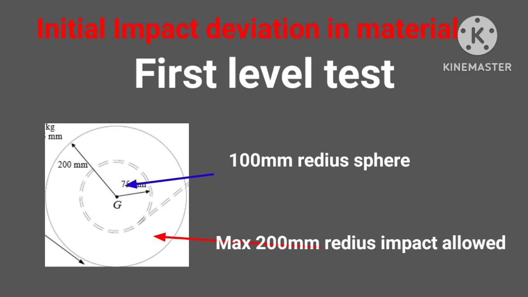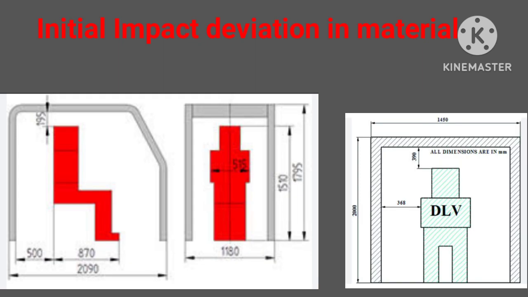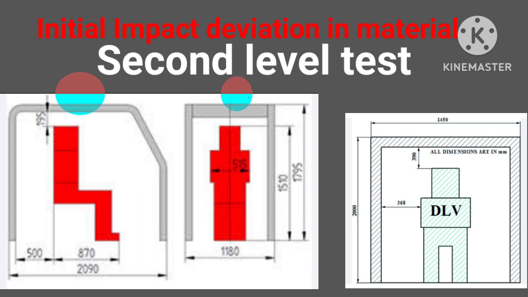After the impact of that cylinder, it will obviously affect the roof plate, but the DLV and the impacted plate need to maintain a safe distance from the operator's point of view. If it is enough, we have to measure it, then we can say the FOPS level 2 test is also passed.